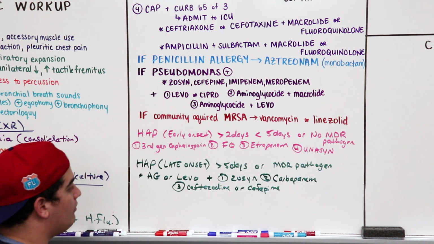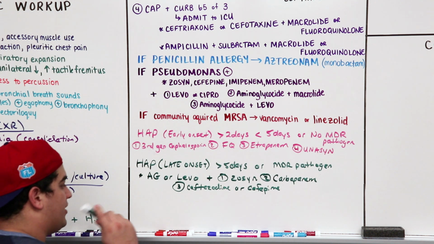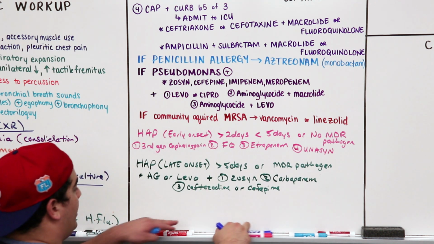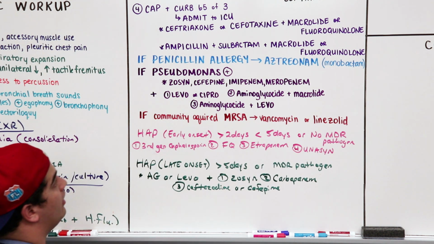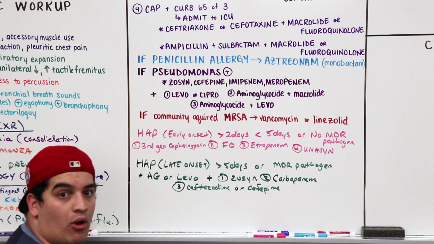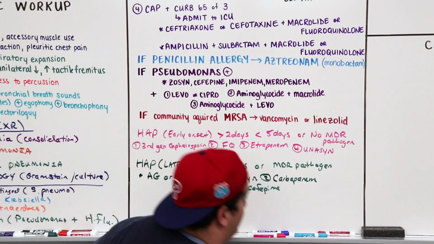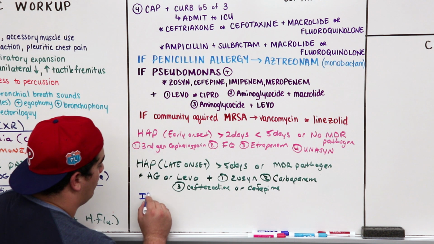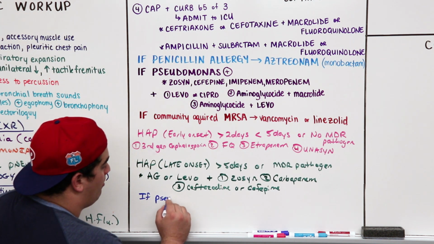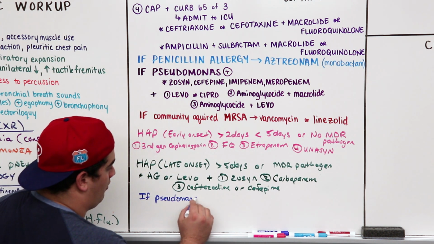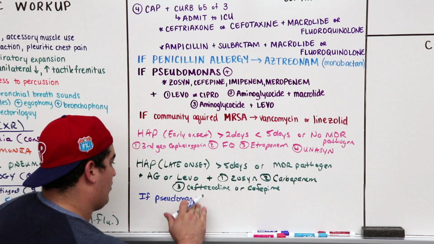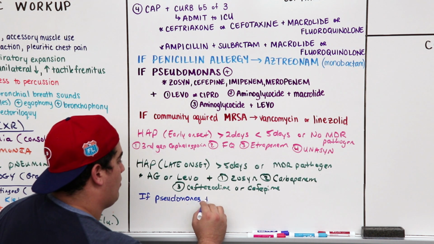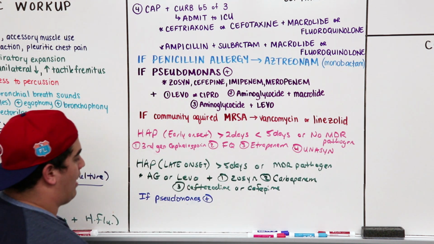Okay? Now, here's the next thing, and the final thing, thank goodness, right? Is what if we again have Pseudomonas? We have to take into consideration some special circumstances. So, if there's Pseudomonas positive, we have to give some other options here.